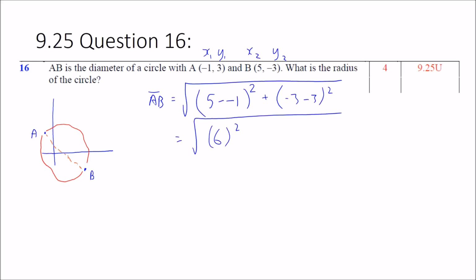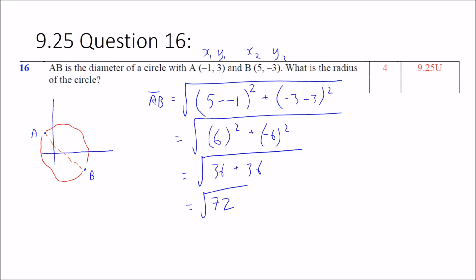and I get 6 squared plus minus 6 squared, and I get 6 squared is 36 plus negative 6 squared is also 36. I get the square root of 72. Now I need to grab my calculator to work that one out, because it's not something that is easy to do in my head.